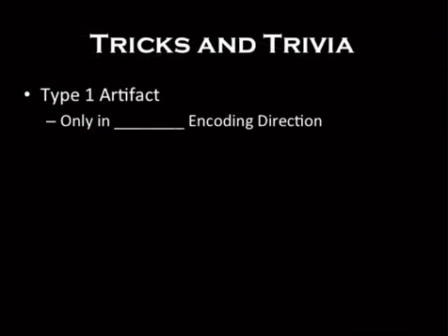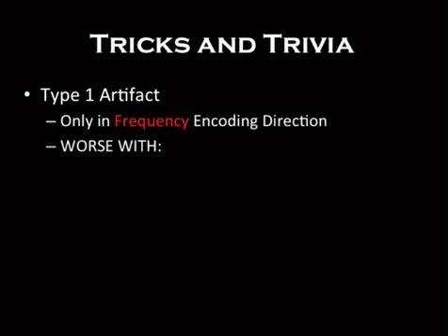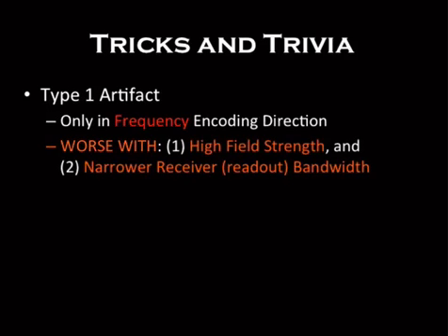So, just recapping, type 1 artifact occurs in the frequency encoding direction, and it's worse with high field strength and a more narrow bandwidth. It's seen in both spin echo and gradient echo sequences, as that doesn't have anything to do with it.